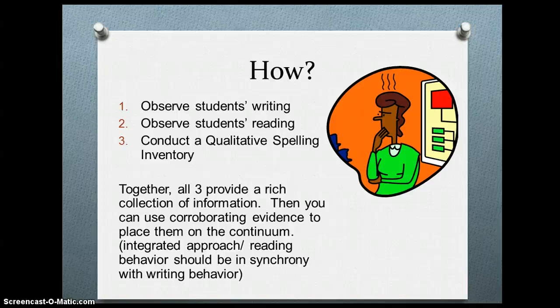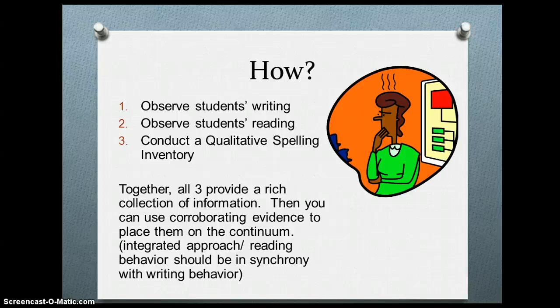So this takes into account the interactive and the integrated approach and how the reading behavior should be in synchrony with the writing behavior. If you go all the way back to the first weeks of this class, we looked at the IRA standards for reading assessment, and we talked about how we want to do assessments that examine reading as a holistic process.